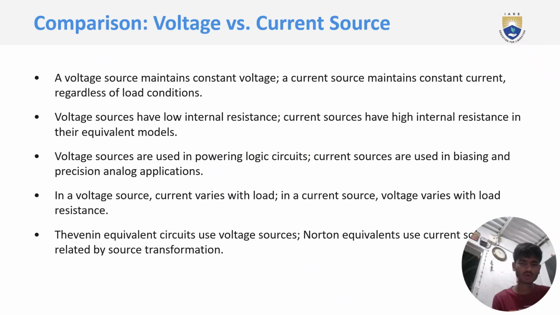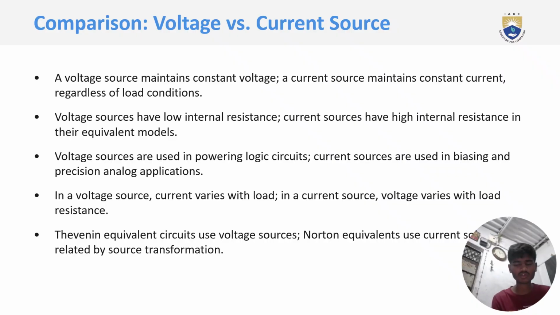Comparison: voltage versus current source. A voltage source maintains constant voltage. A current source maintains constant current regardless of load conditions. Voltage sources have low internal resistance. Current sources have high internal resistance. In their equivalent models, voltage sources are used in powering logic circuits.